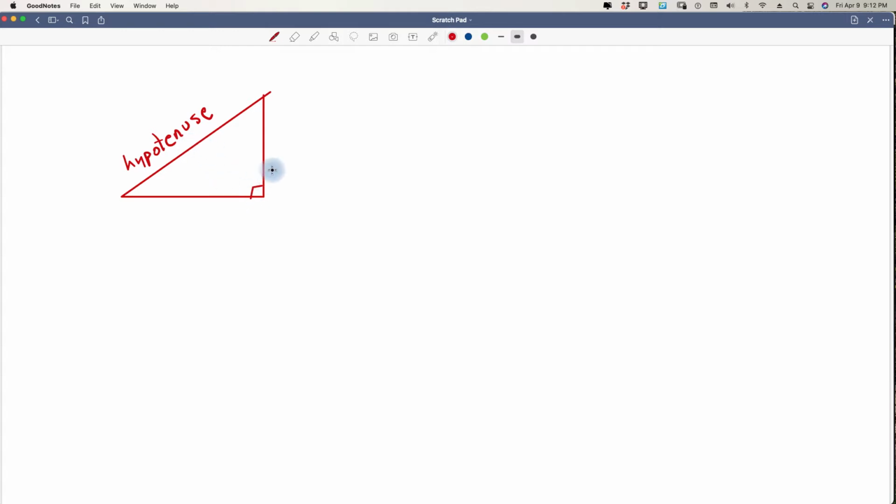His theorem, which is provable and accurate, by the way, is that the square of side A plus the square of side B equals the square of the hypotenuse. In this formula, we refer to the hypotenuse as C. A squared plus B squared equals C squared.